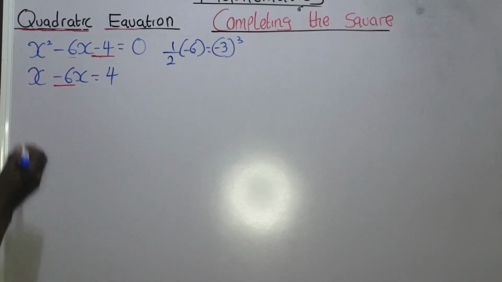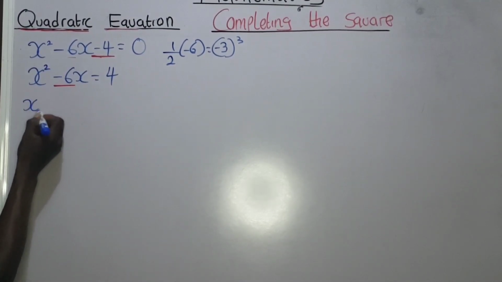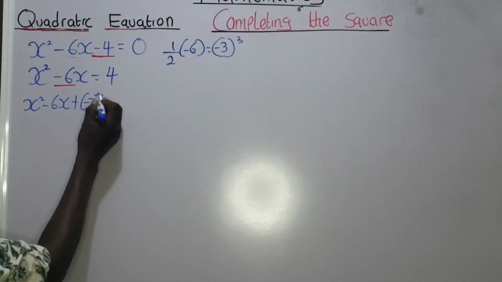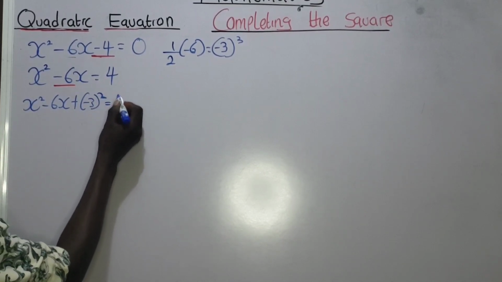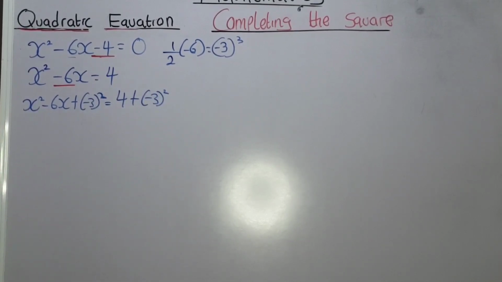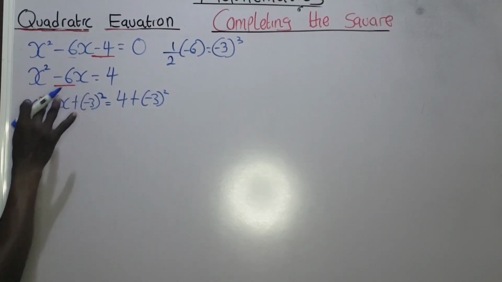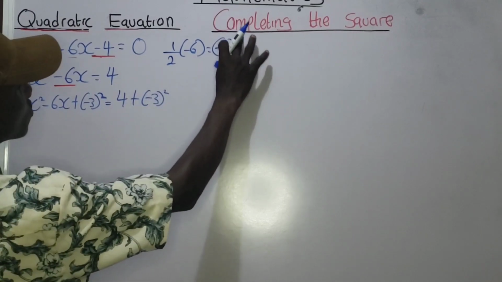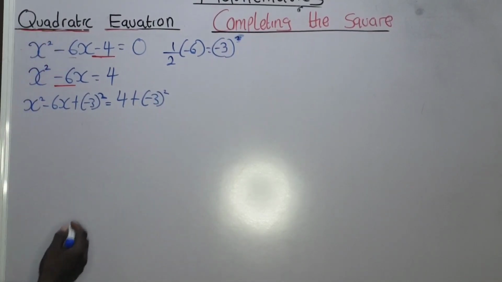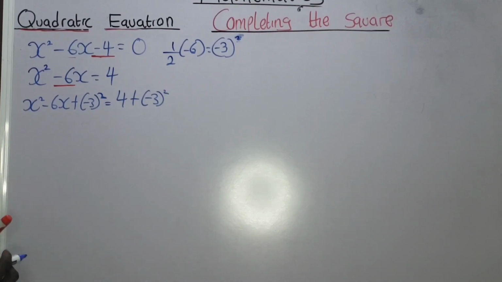So I'm going to have x squared minus 6x plus (minus 3) squared equals 4 plus (minus 3) squared. Take half of the second term, square it, sorry, it is not cube, then add it to both sides of the equation.